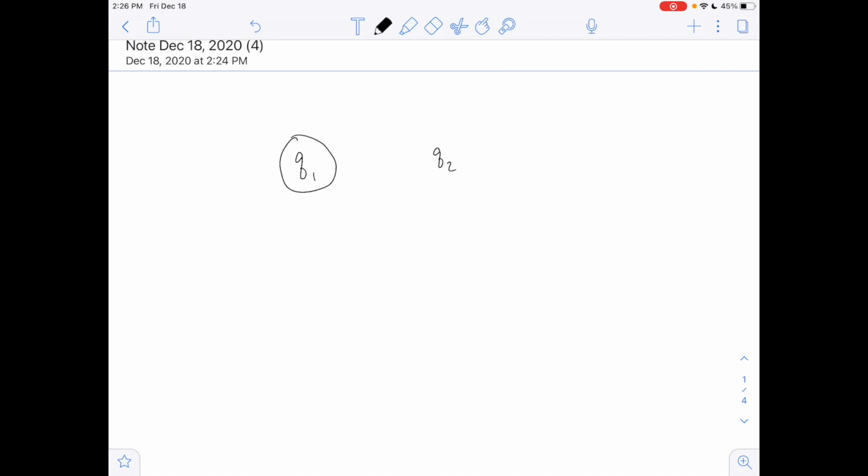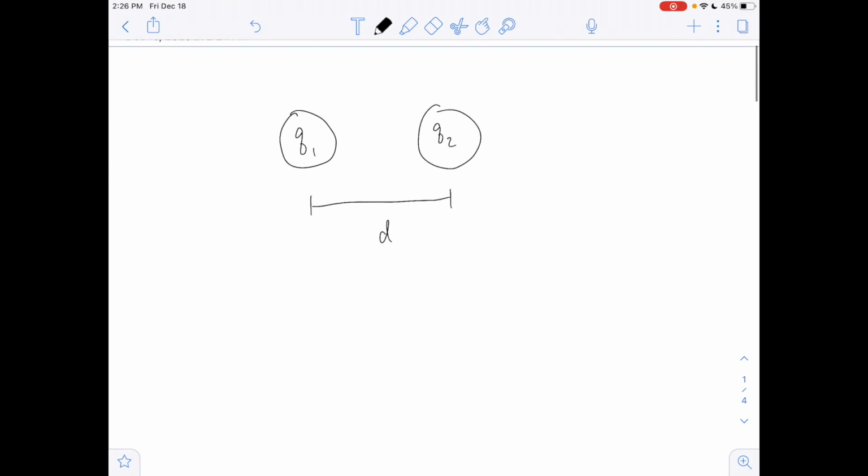So if we have two charges, let's say Q1 and Q2, and they are separated by some distance, let's say distance d, then the force that these two charges will feel is equal to K times the charge of each object, so Q1 times Q2, divided by the distance that they are separated squared.